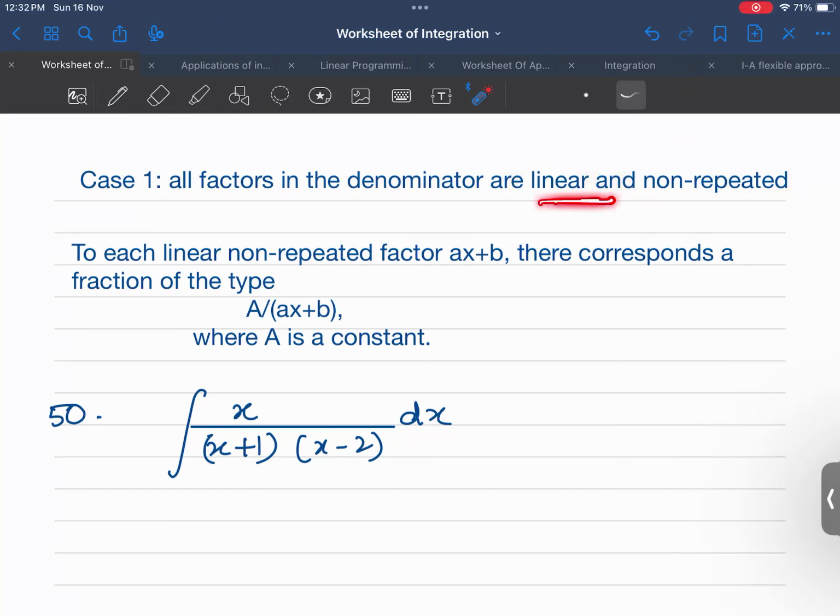Now what I am saying is how we will factorize and do it by parts.